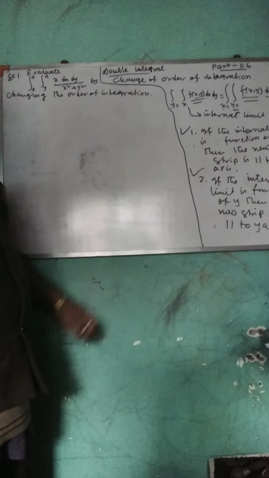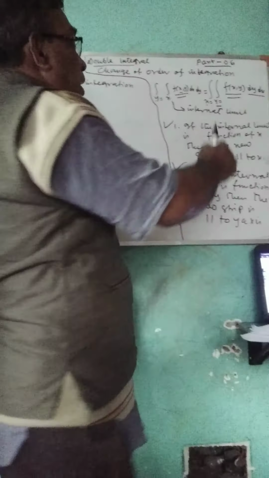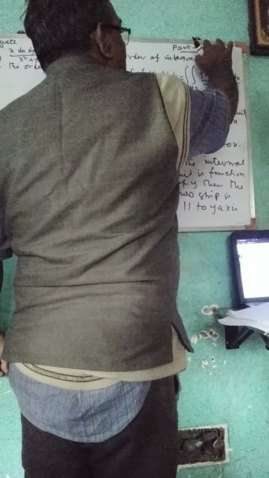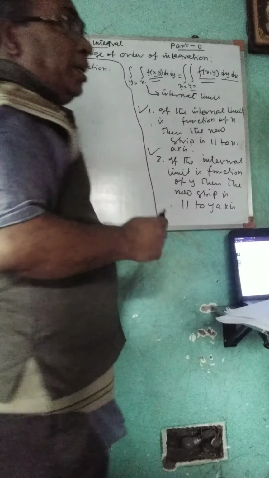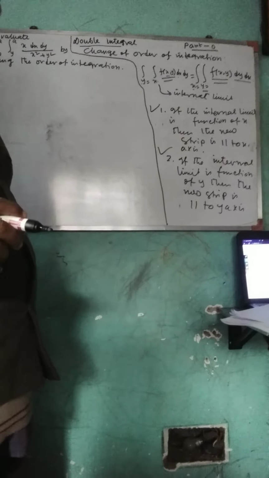Why? I already discussed this in my previous lecture, lecture 7 part 6. In this lecture, part 7, the learner will be able to understand how to change the limit order of the integration.